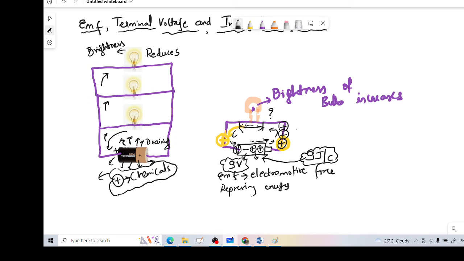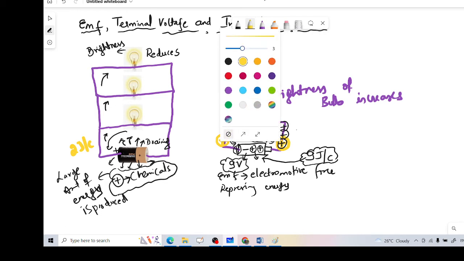So some amount of energy is lost because of the contact between the positive charges and the chemicals present in the battery. For example, if I take 2 joule per coulomb of charge, that energy is lost here.